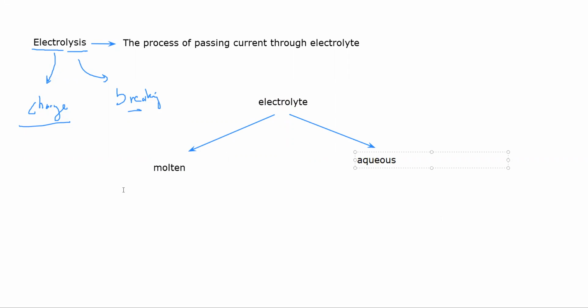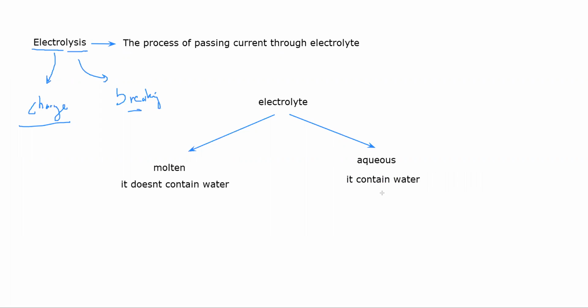Molten electrolyte means it does not contain water. If there is no water in the electrolyte, we call that a molten electrolyte. Aqueous electrolyte contains water. If an electrolyte or a solution contains water, we call that an aqueous electrolyte.